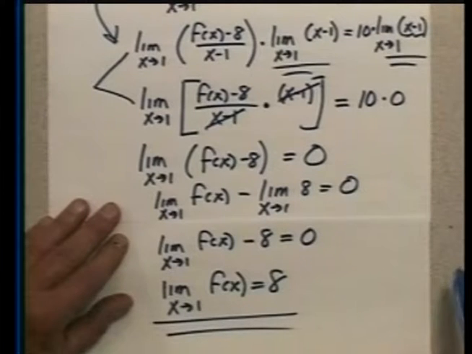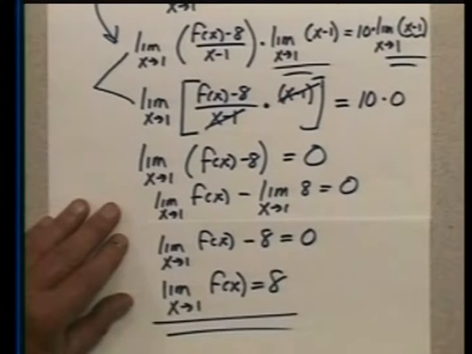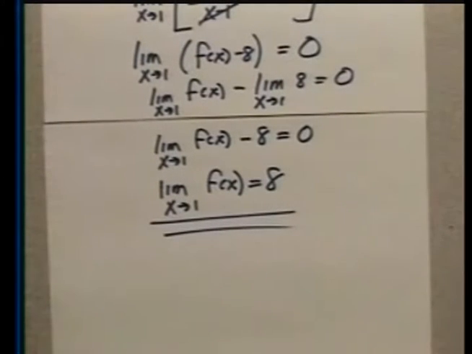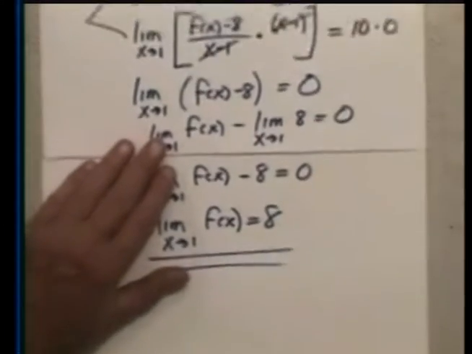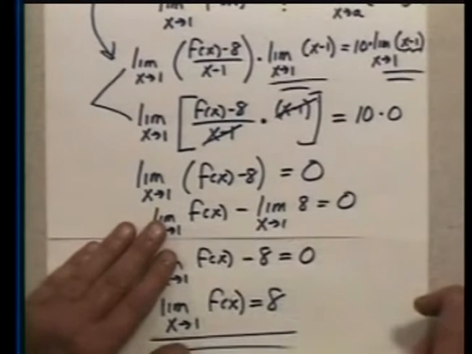But you have to watch those conditions before you just glibly apply the limit laws. Okay? So if it hadn't said it equal 10, you wouldn't have been able to do it? Because you have to know that the limit exists. Yeah. Well, I couldn't have done it this way. I would have had to find a different way.